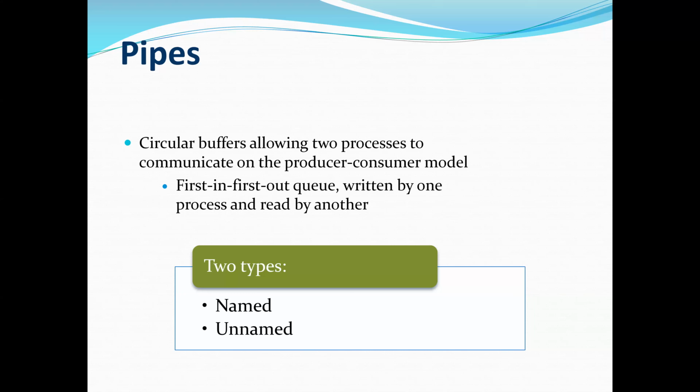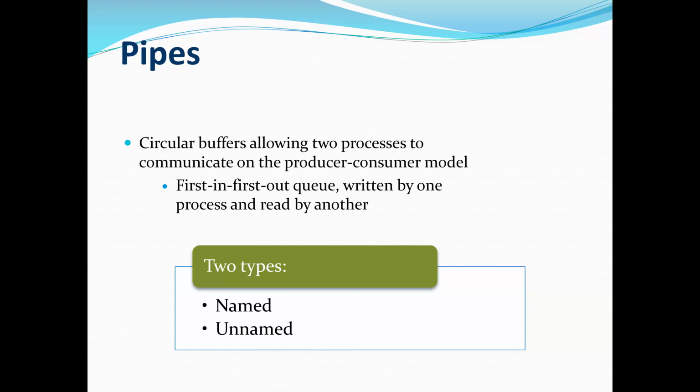So anytime a pipe is created, it is given a size. When a process attempts to write into the pipe, which is a memory location, a circular buffer, the request is immediately executed if there's enough space in the pipe. Otherwise, the process is blocked, which means there's no space.